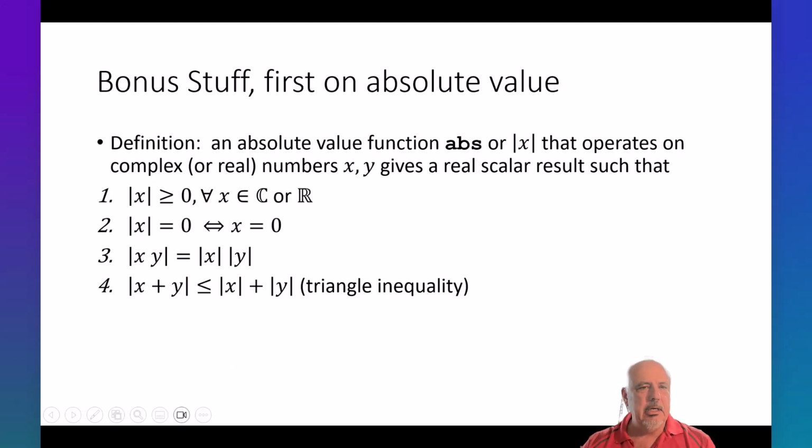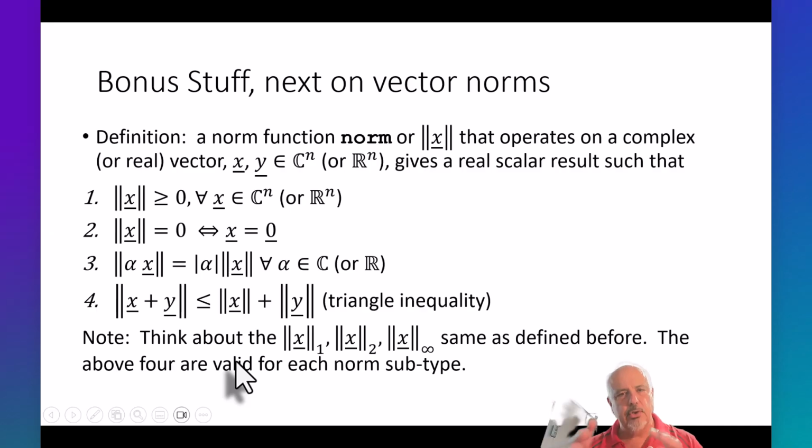Now, the interesting thing here is when you transition to a norm. Norm is where you take the norm of a vector, and this could be a 1 norm, could be a 2 norm, could be infinity. Whatever it is, once you establish that, then the norm of a vector is going to be greater than or equal to 0 for any vector, complex or real or n-dimensional.